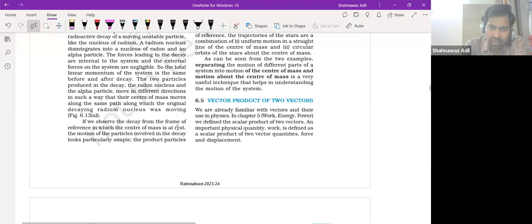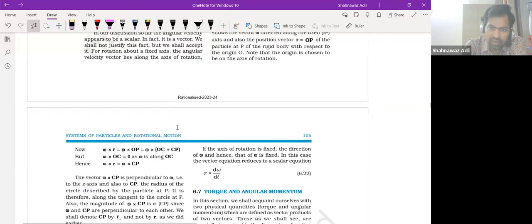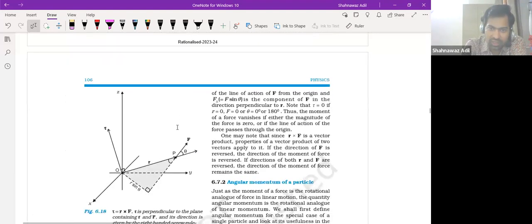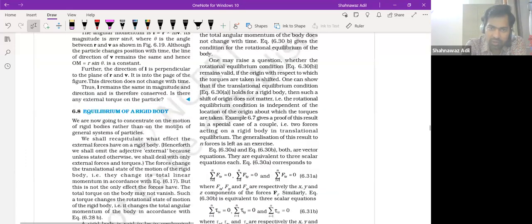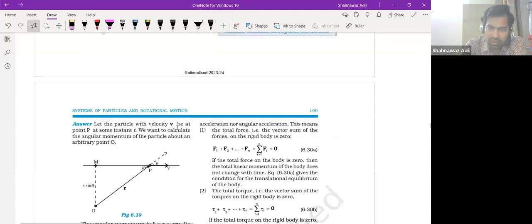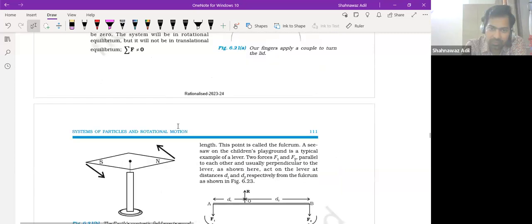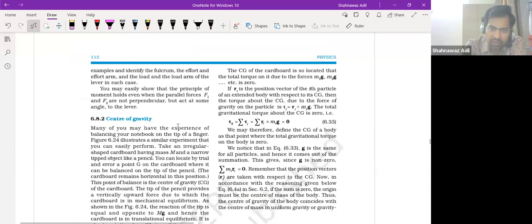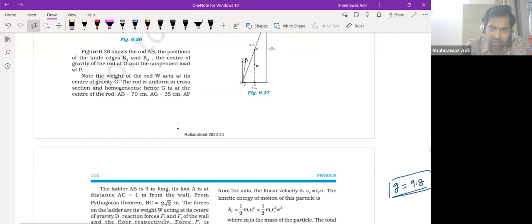And you guys, please do all these, whatever we have done. If you practice these questions, then you will understand, right? The kinematics question, this one we have done.